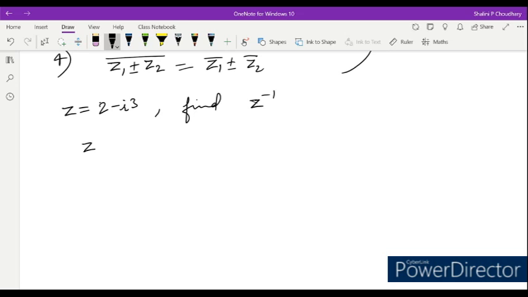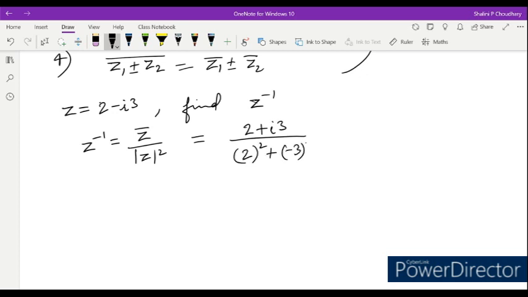Okay, so what will be the value of z inverse? So z inverse will be equal to z bar upon modulus of z का square. Okay, so what will be z bar, I mean the conjugate of z, that will be equal to 2 plus i3, and what will be the value of modulus of z square, that will be equal to a का square, that is 2 का square plus minus 3 का square.